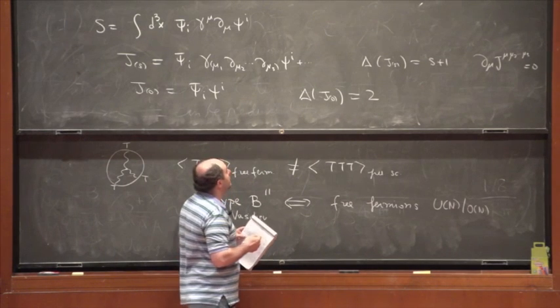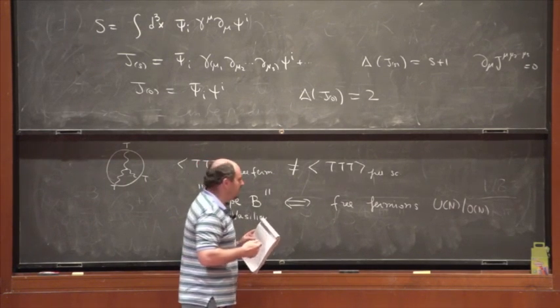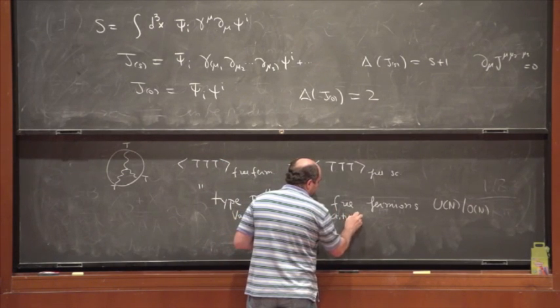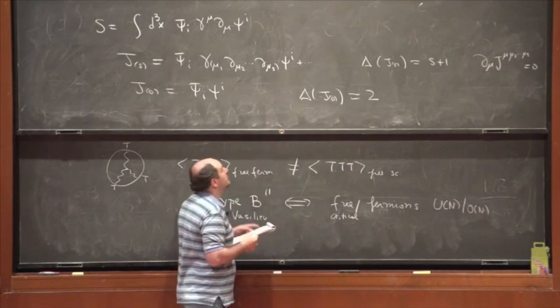interacting theory similar to what we were discussing yesterday for the scalars. So we can also have free or critical fermions.